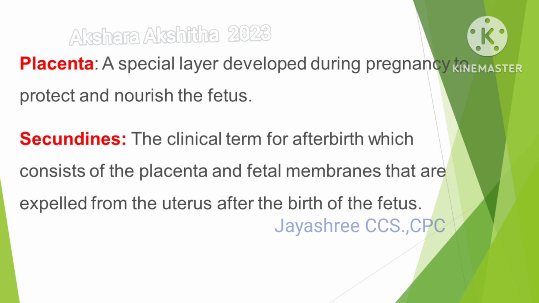The placenta is a special organ developed during pregnancy to protect and nourish the fetus. Then the final definition is secundines, the clinical term for afterbirth, which consists of the placenta and fetal membranes that are expelled from the uterus after the birth of the fetus. This is called secundines.